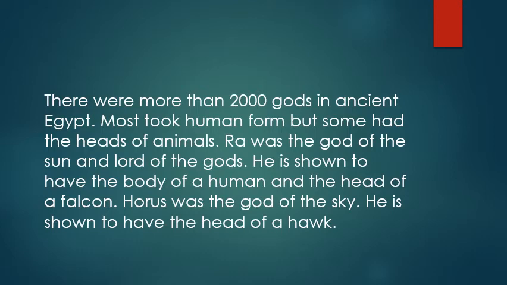Most took human form, but some had the heads of animals. Ra was the god of the sun and lord of the gods. He is shown to have the body of a human and the head of a falcon. Horus was the god of the sky. He is shown to have the head of a hawk. I just want you to pause there now, see if you can think where the paragraph should have been split up and what the information is showing in each paragraph.